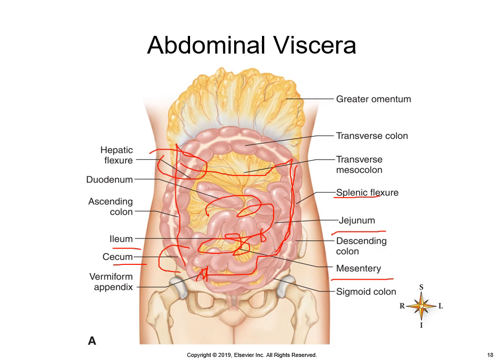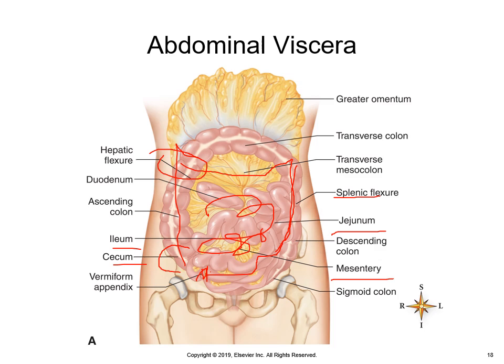So in terms of functions of these structures, if we go back up here to the greater omentum, as you can see, it acts as an area for fat storage.